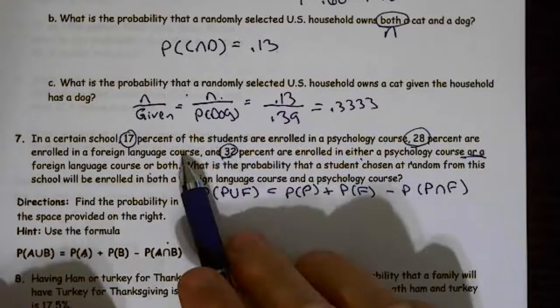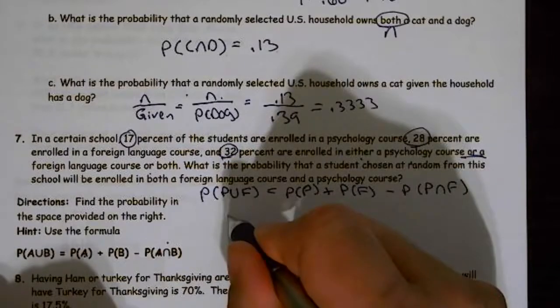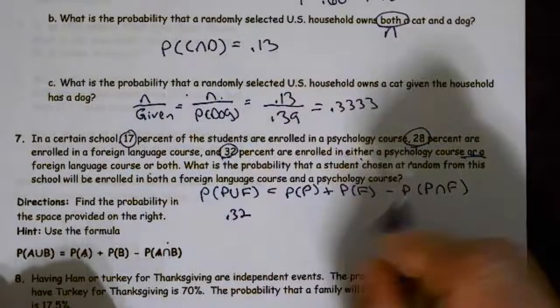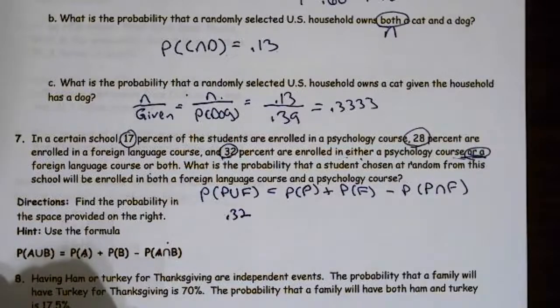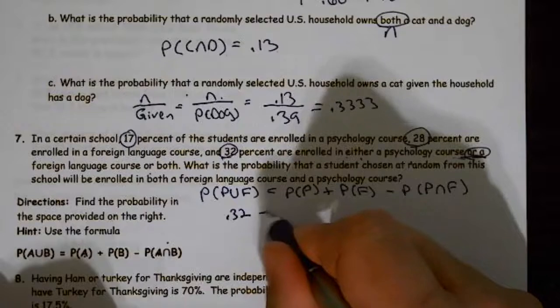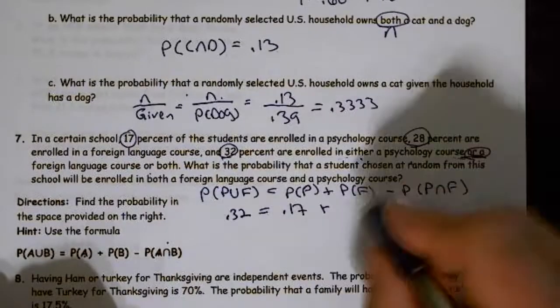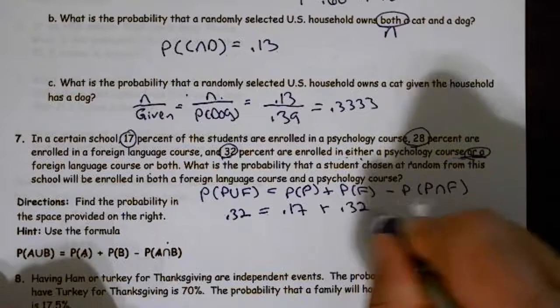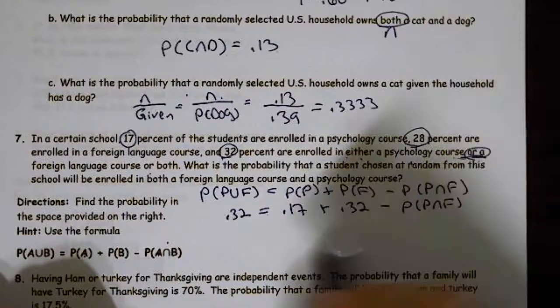Well, what was it? 32% are enrolled in either or both. So this is my or. That was my key phrase that told me that that went there. Then we have 17% are enrolled in psychology, plus 32% are in foreign language, minus the probability of psychology and foreign language.